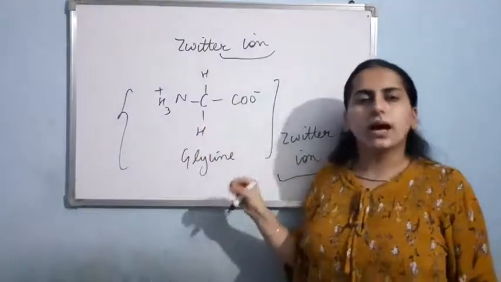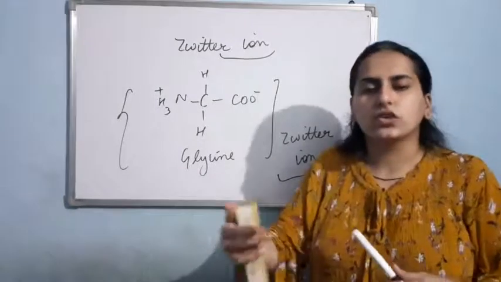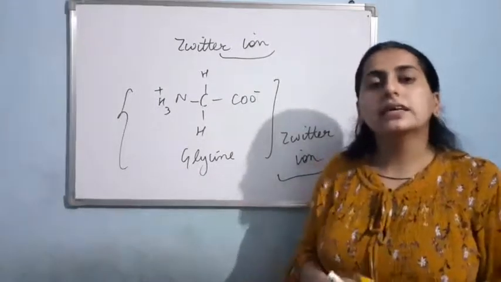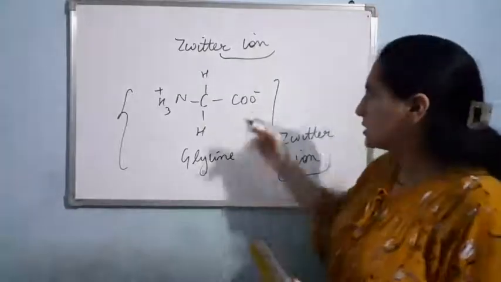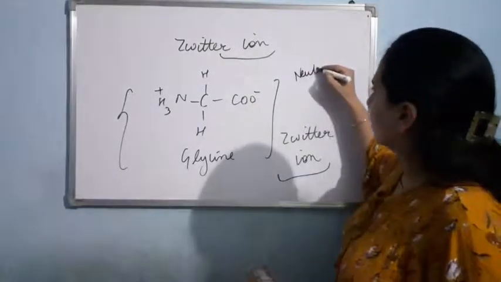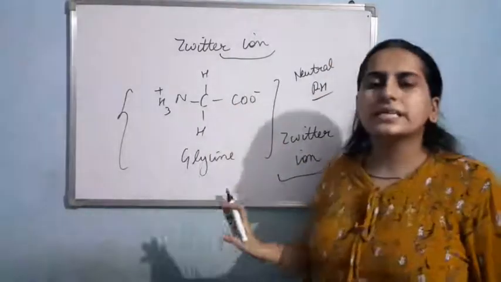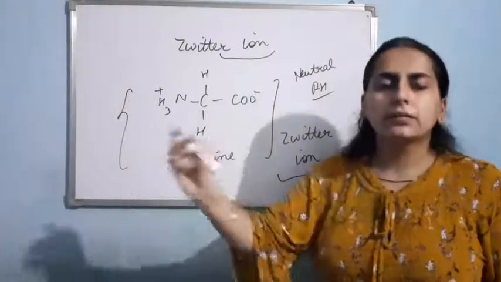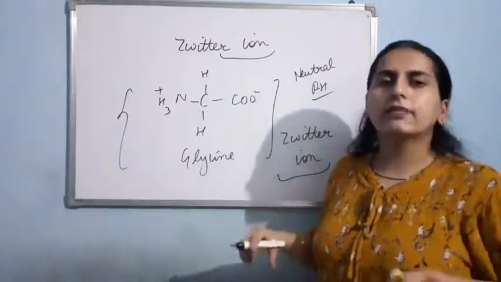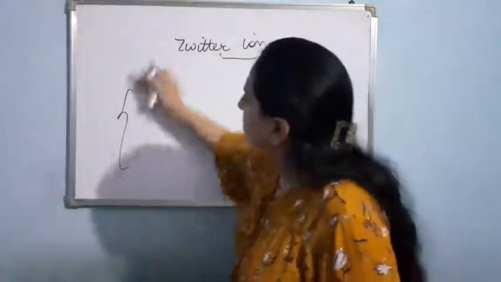This is Zwitter ion. Now, amino acids can change their shape in different media having different pH. Suppose this is in the neutral pH. In the neutral pH, the amino acids are present in the form of Zwitter ion. But in acidic pH and basic pH, they can vary. Let me show you. Obviously, these forms are interconvertible.